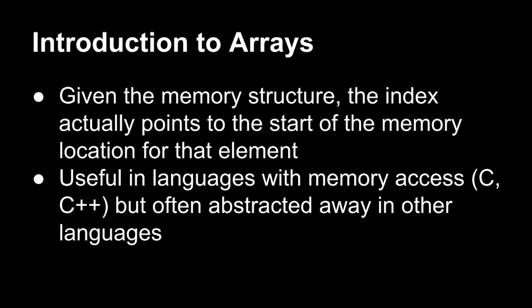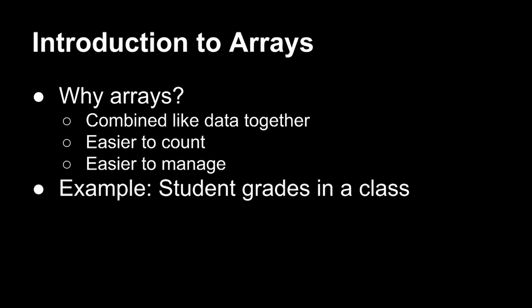And you can start doing things with finding out the memory offset, which, again, is more for languages like C and C++, where you can use the memory offset to do some pointer arithmetic. In most modern languages, you don't necessarily have to do that, but again, that's the background, and that's the reason that arrays start at element 0.